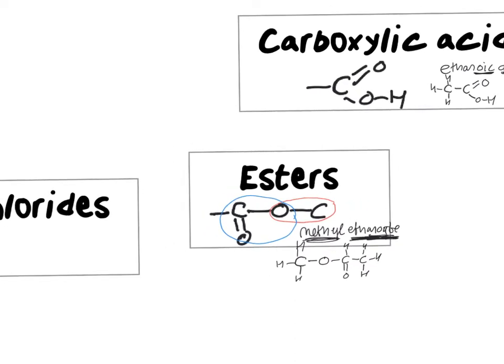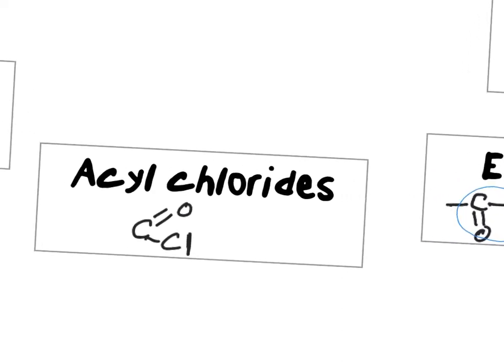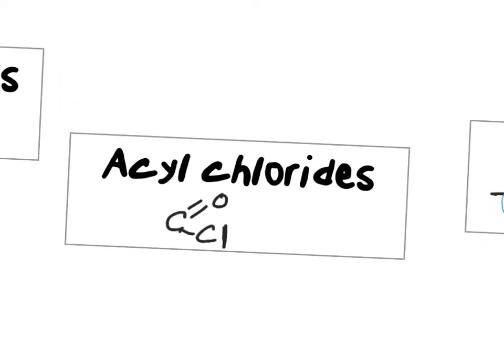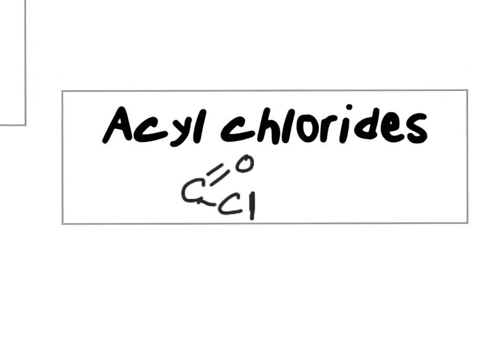When we come to look at the acyl chlorides, again the acyl chloride is an organic derivative of a carboxylic acid. However, in place of the OH group, we have a chlorine atom here. So let's look at a typical acyl chloride, for example, propanoyl chloride.